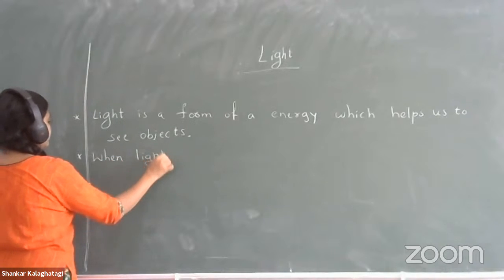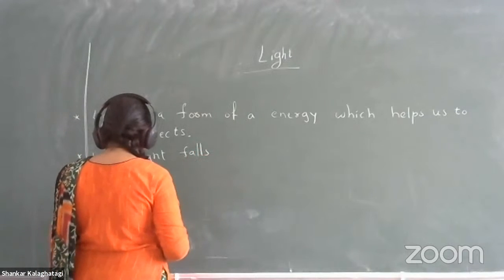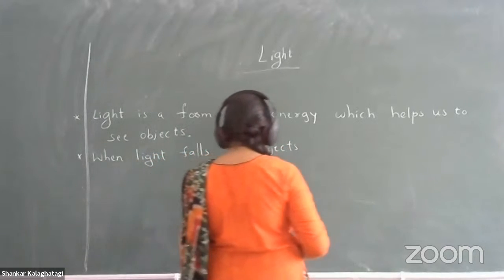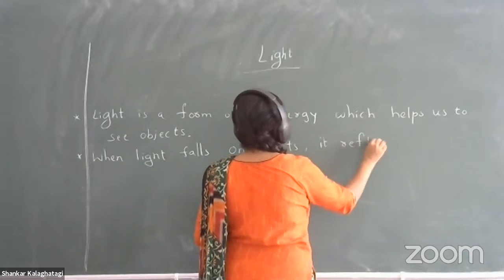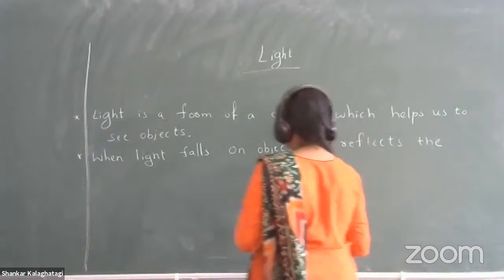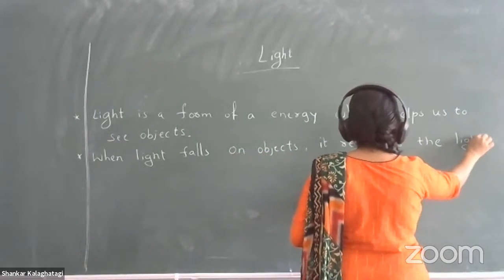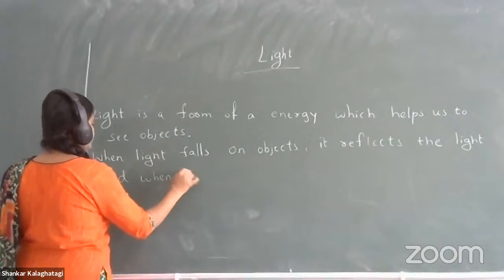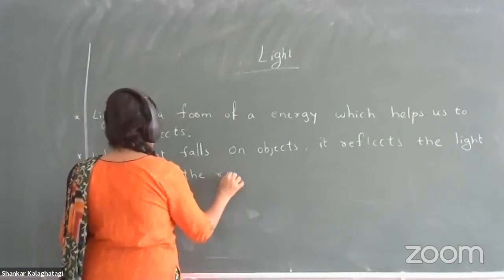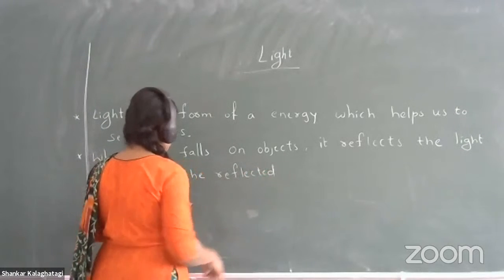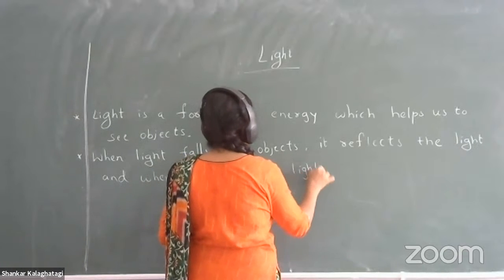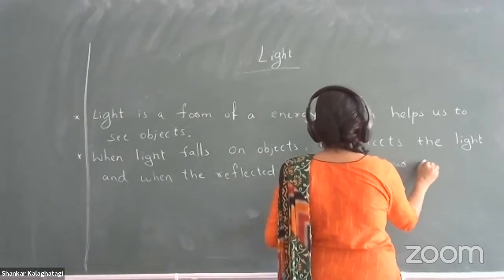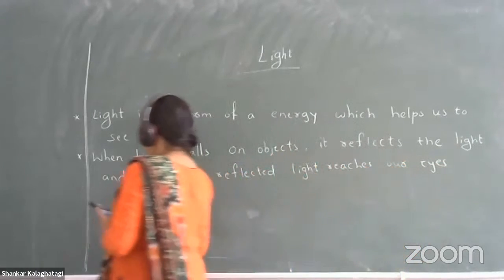When light falls on objects, it reflects the light, and when the reflected light reaches our eyes, then we see the object.